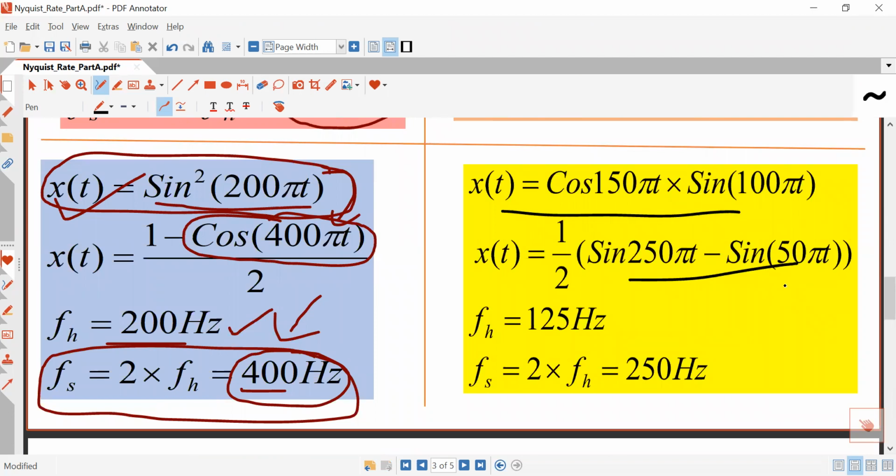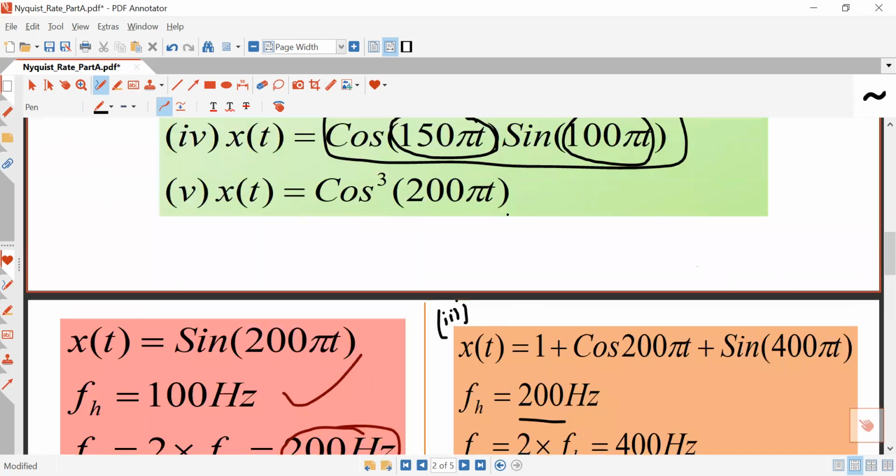First, I converted the product cos 150 pi t into sin 100 pi t using the trigonometric concept, and then from this term I determined the maximum frequency component existing in this signal, which is 125 Hz, and twice of this will be the Nyquist rate.